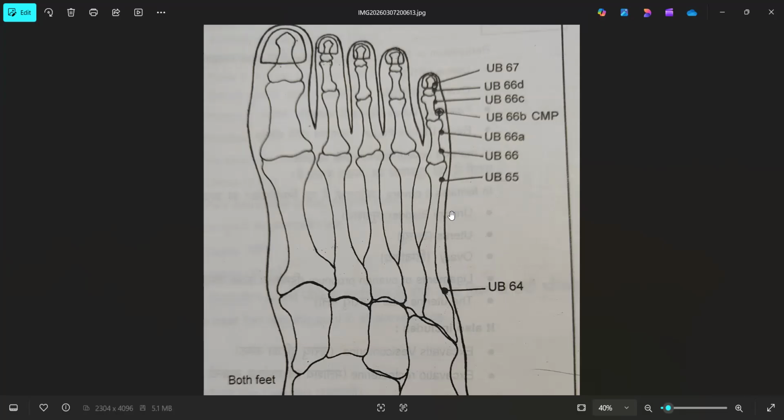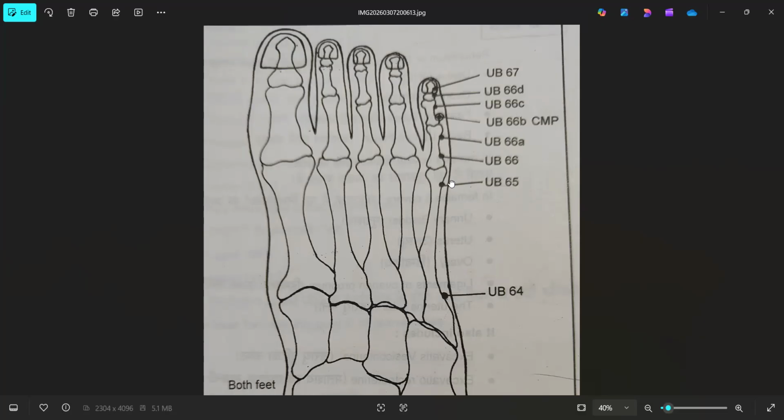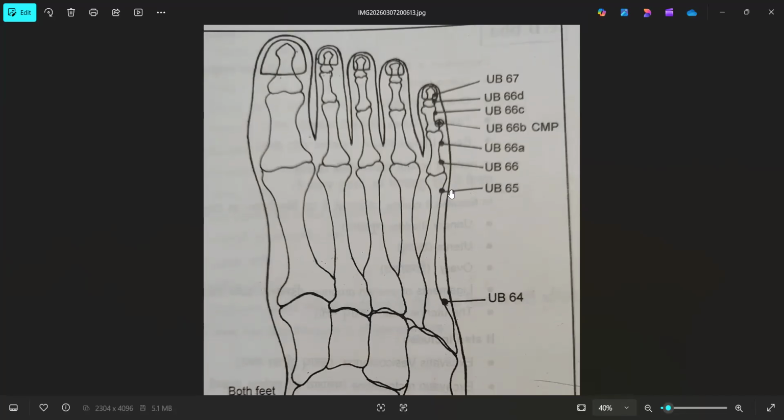At times, in females, you can find a very complicated problem. The outer lips of the vagina, which is known as Bartholin's gland. That also this UB65 treats. So if there is swelling or pain, etc., remember to sedate it.